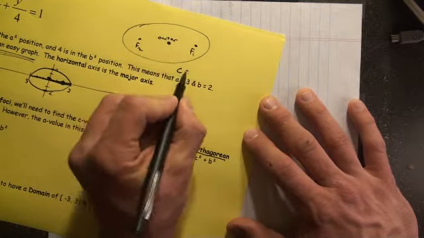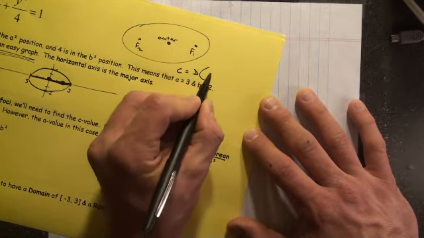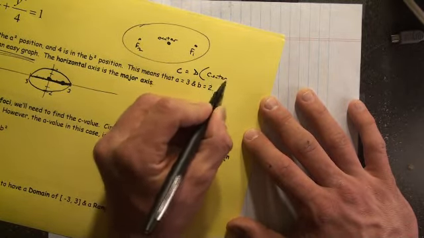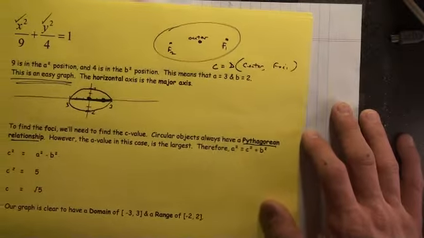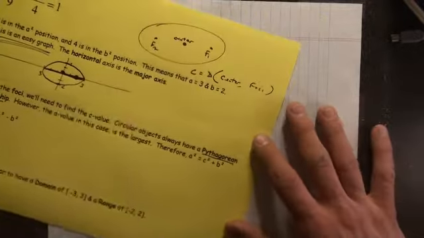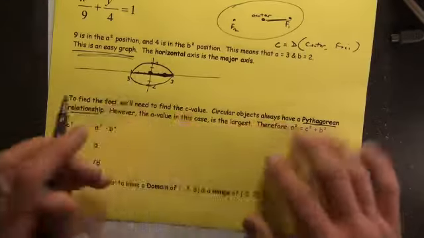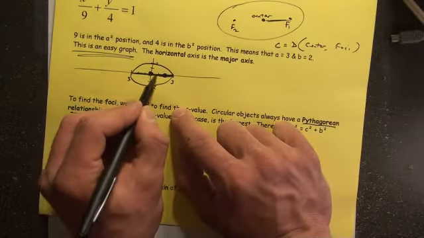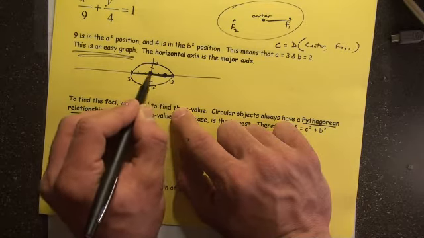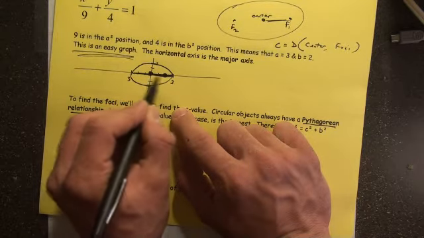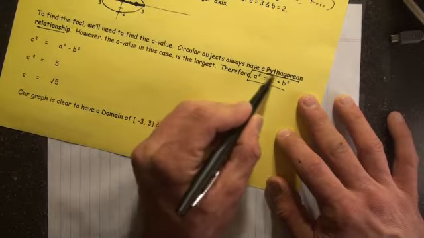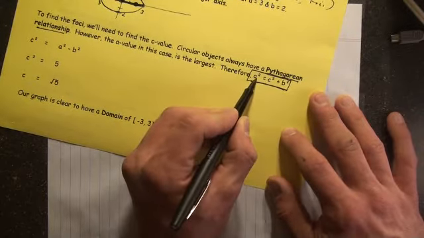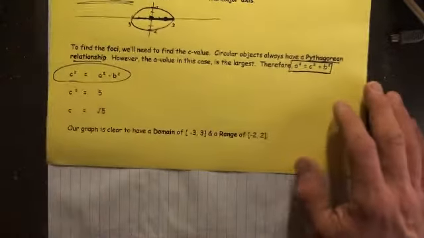Guys, the C value is going to be the distance from the center to the foci, or one of the foci. Now, that means this is C. Well, look at this, guys. What's larger, A or C? Definitely A. Therefore, your Pythagorean relationship is actually this. A squared is the one that's by itself, equaling C squared plus B squared, which means that C squared equals A squared minus B squared.